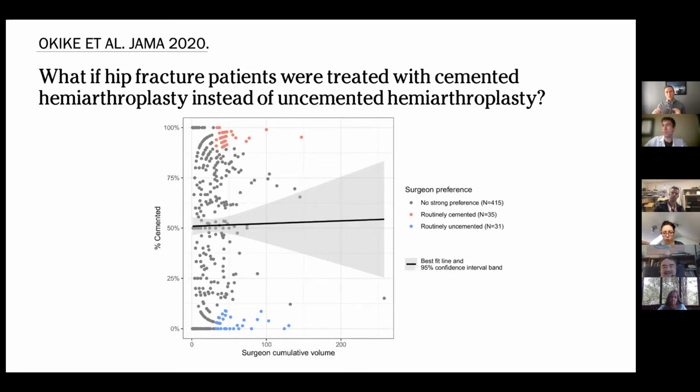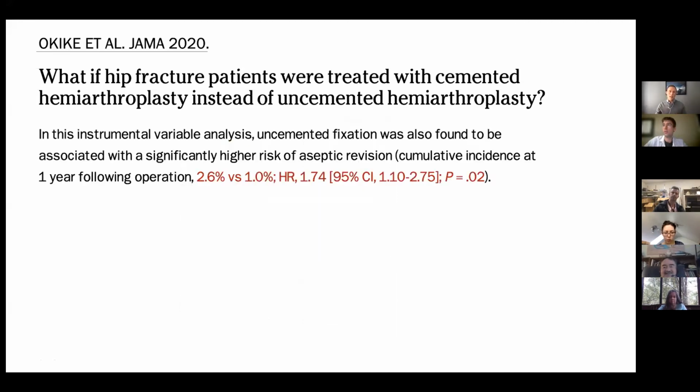And it took just the patients that were treated by surgeons in either one of these two strong preference camps, whether it was a strong preference for cemented or uncemented hemiarthroplasty, and used that data as what we would call an instrumental variable to look at the causal effect of one of those two different treatments on this outcome of aseptic revision, and found that the uncemented fixation was associated with higher risk of aseptic revision.